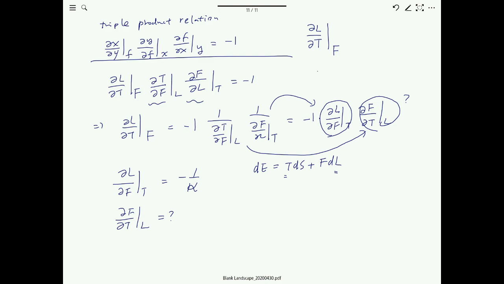So what can I do? I can have something that is E minus, maybe this is minus, plus, I don't know the sign right now, minus ST. So this one will have TdS plus FdL minus TdS minus SdT.